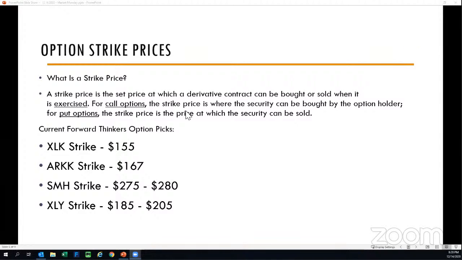Me as well. $155. Where are y'all looking? On Robinhood, on my broker, any option chain you have. Yeah, it's at 715 or 17. Yeah, 17.